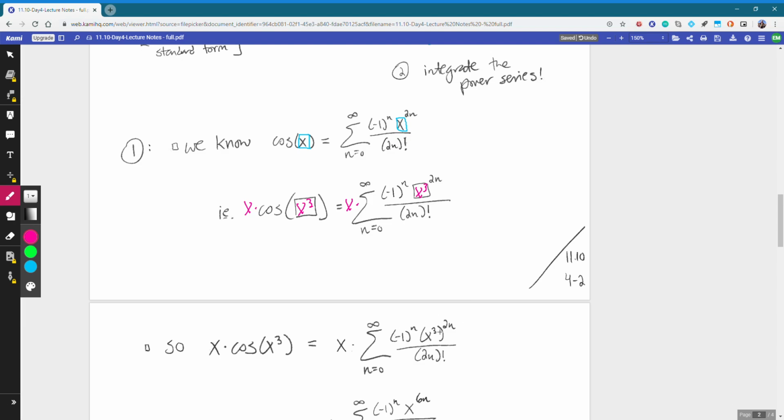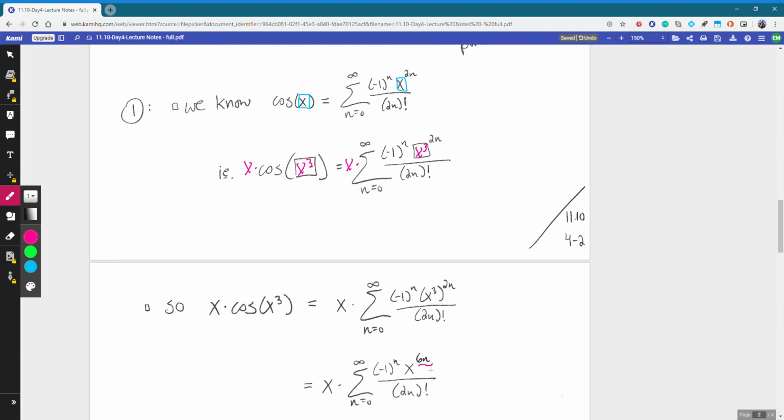For starters, let's deal with this x stuff. x cubed to the 2n. Those powers are going to multiply, get 3 times 2n, or in other words, 6n as that exponent. Next, let's deal with the fact that we have this x hanging around out front, and let's distribute that in.